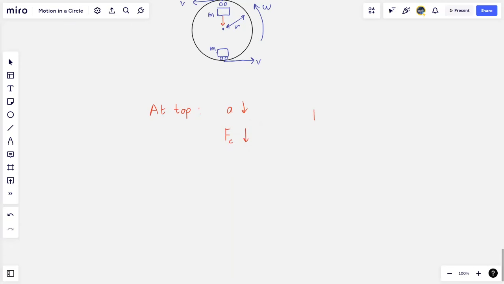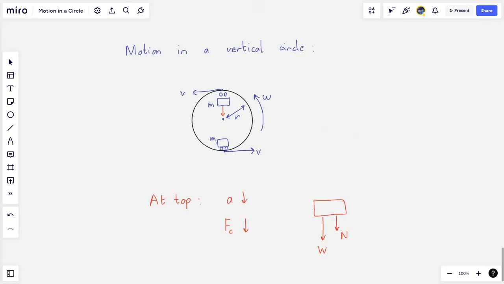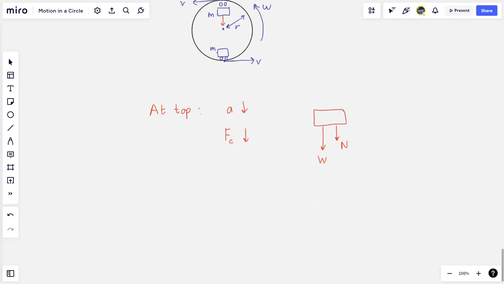So let me draw a force diagram, or a free body diagram, for the carriage of the roller coaster. The weight of the roller coaster W points downward, and the normal reaction force that the top of the loop exerts on the cart will also be downward, since the loop is pushing the cart downward.